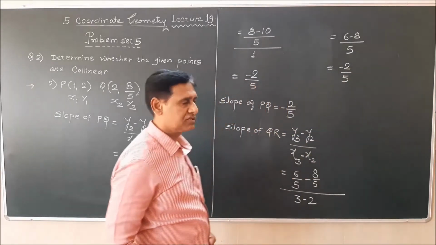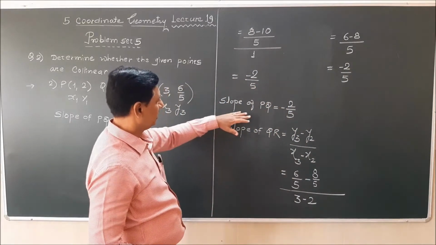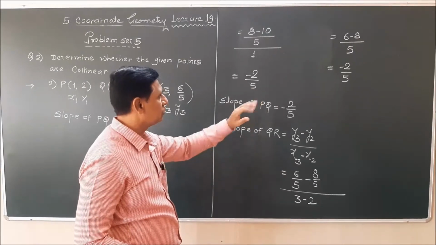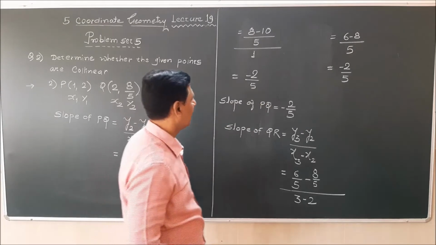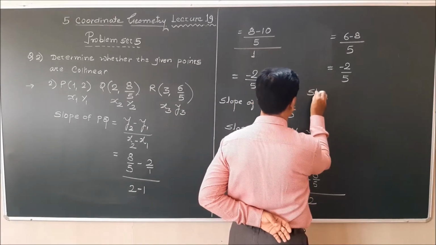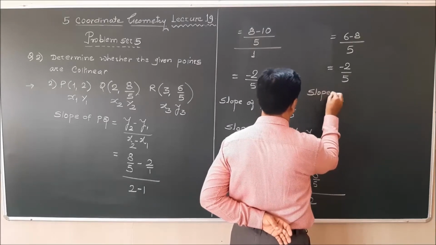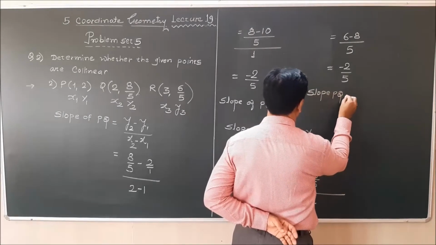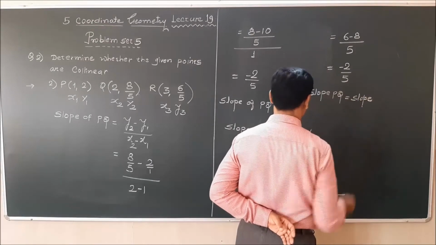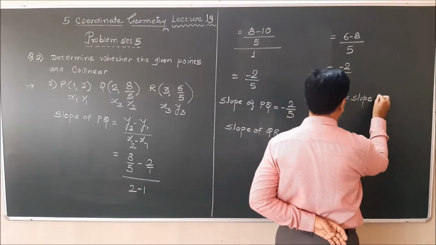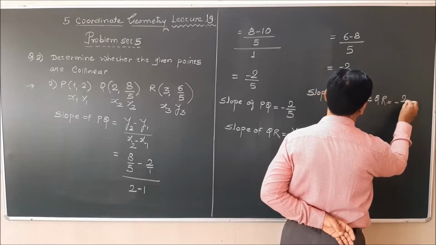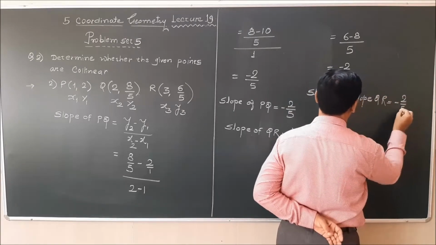So in this case, you will find slope of PQ is minus 2 upon 5, slope of QR is also minus 2 upon 5. So we'll mention over here slope of PQ, the slope of QR, that is equal to minus 2 upon 5.